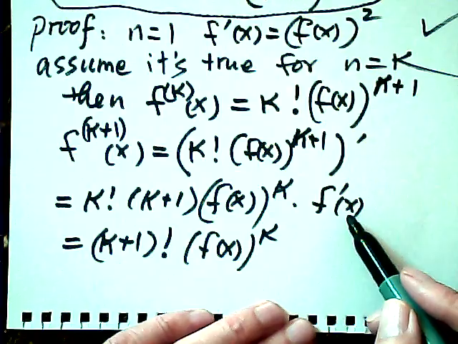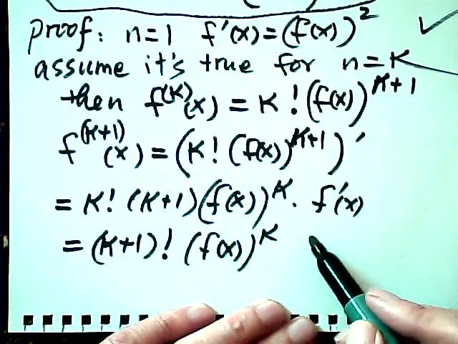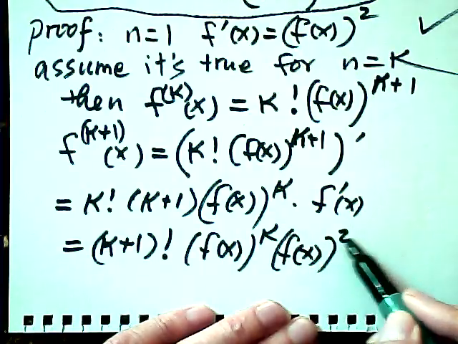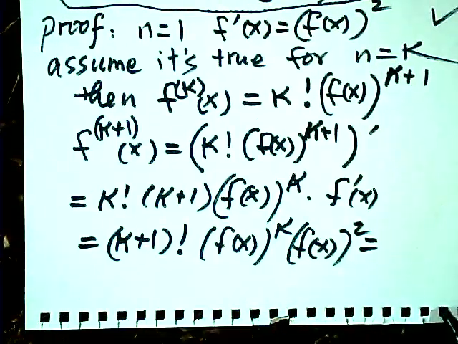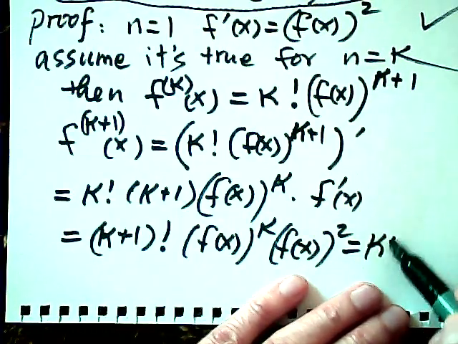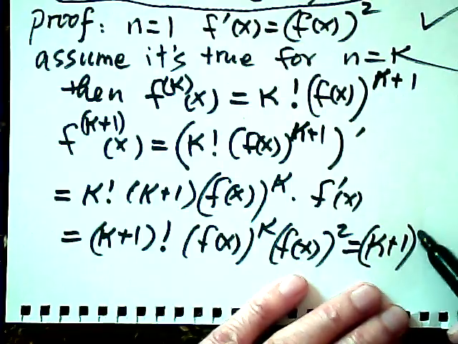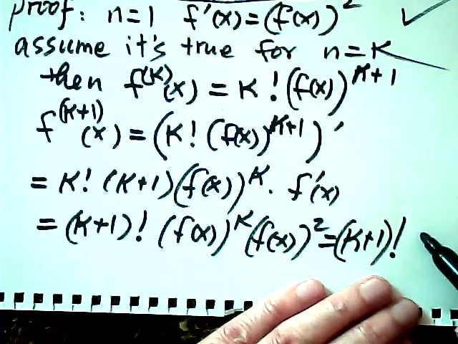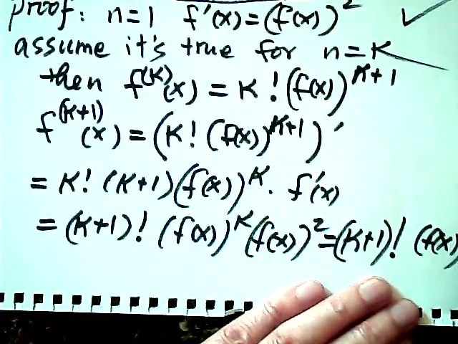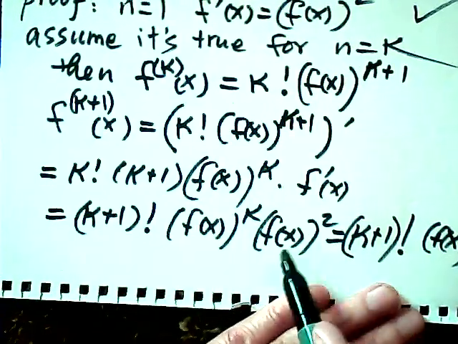This derivative, according to our condition, is equal to f of x squared. So this is equal to k plus 1 factorial and f of x to the k plus 2.